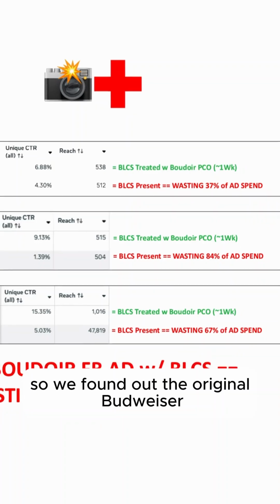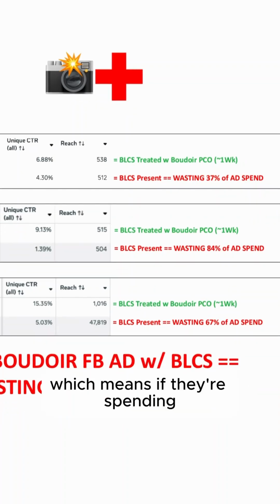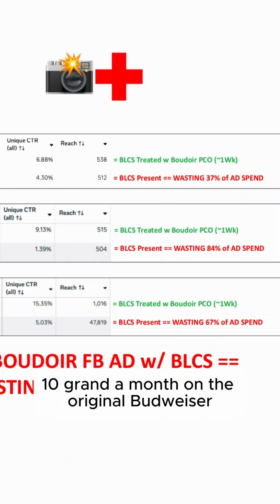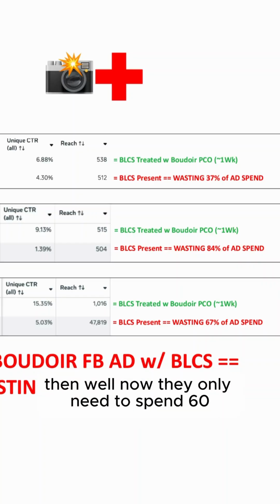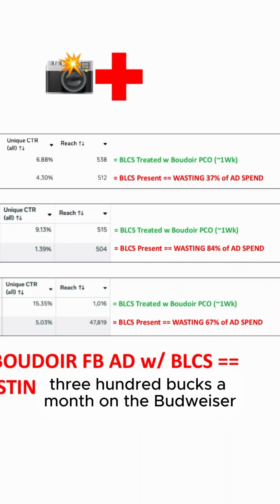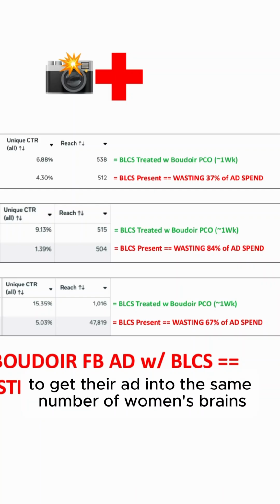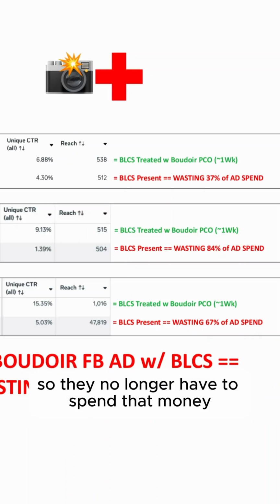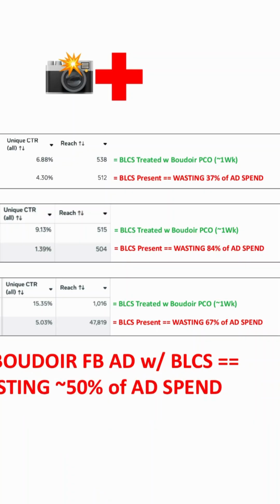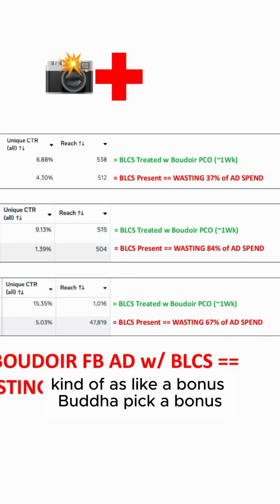So we found out the original Boudoir Facebook ad was wasting 37% of ad spend, which means if they're spending 10 grand a month on the original Boudoir Facebook ad, now they only need to spend 6,300 bucks a month on the Boudoir Pico treated ad to get their ad into the same number of women's brains. So they no longer have to spend that money, and they can pocket it as a bonus, a Boudoir Pico bonus.